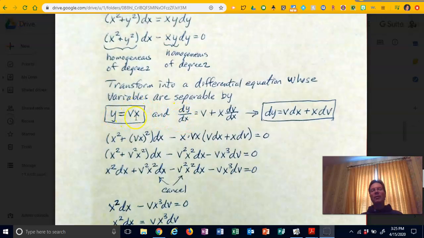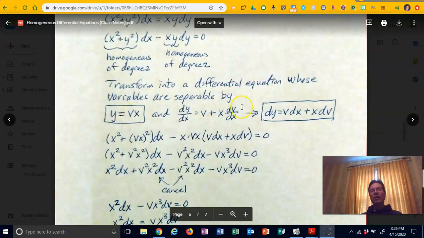It's the product rule: first times the derivative of the second.